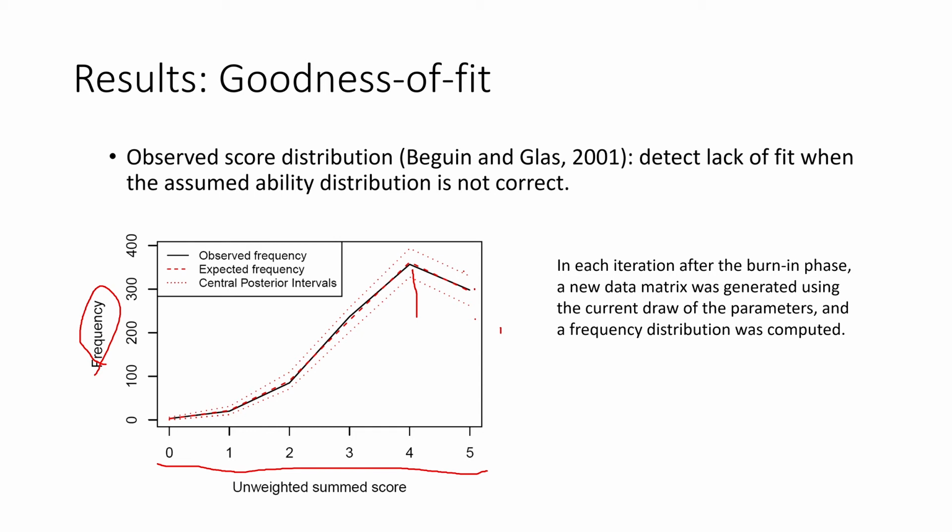In each iteration after the burn-in, a new data matrix was generated using the current draw of the parameters, and a frequency distribution was computed. The red dashed line in the middle is the mean of the frequency distributions, and the red dotted lines represent the 95% central posterior intervals. We can see the black solid line lies in the middle of the interval. So the model fits the data well.